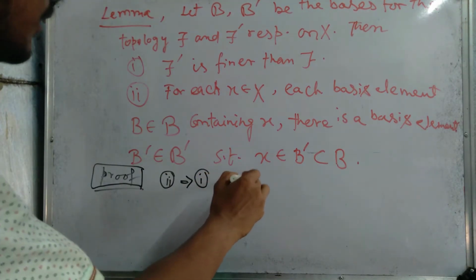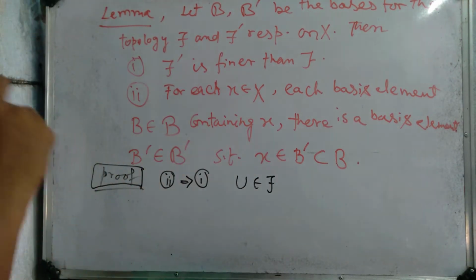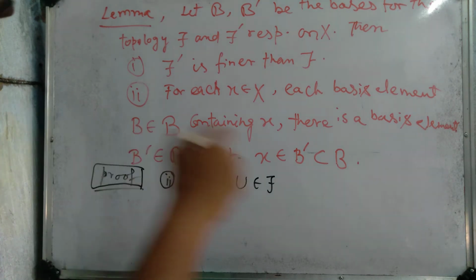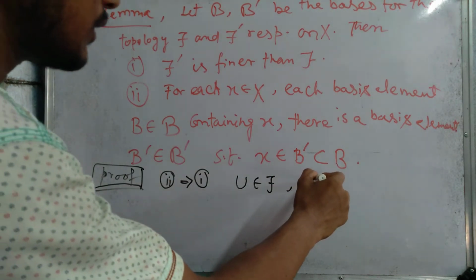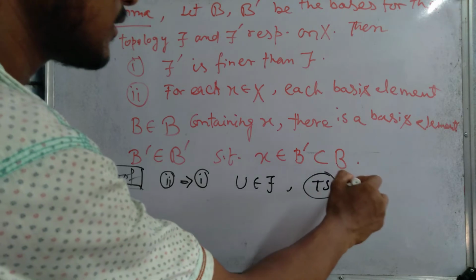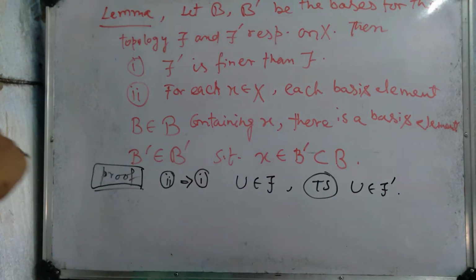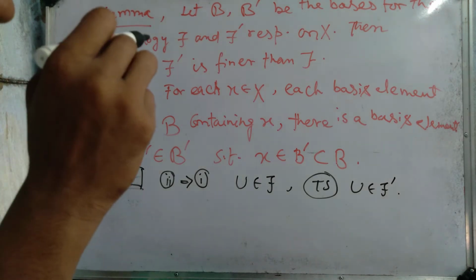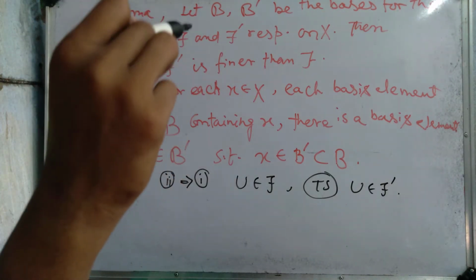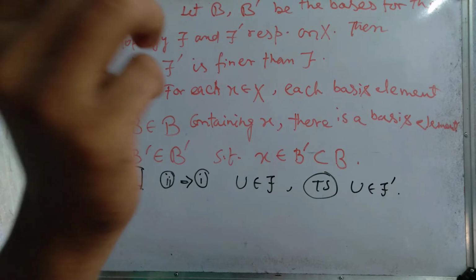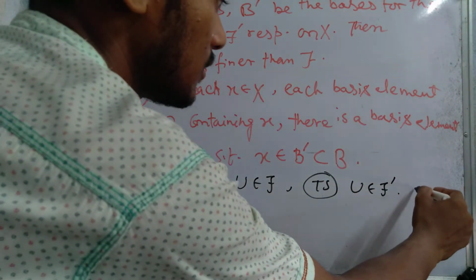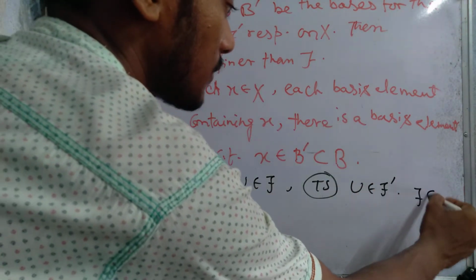Given an element U belonging to tau, U is open, we wish to show that U belongs to tau dash. Then tau dash must be finer, that means tau dash is a superset of tau, or tau is a subset of tau dash.